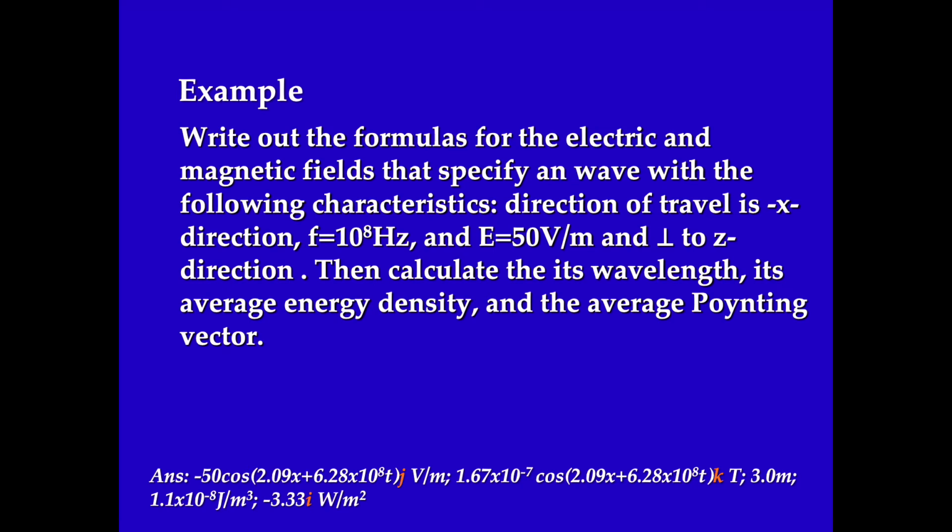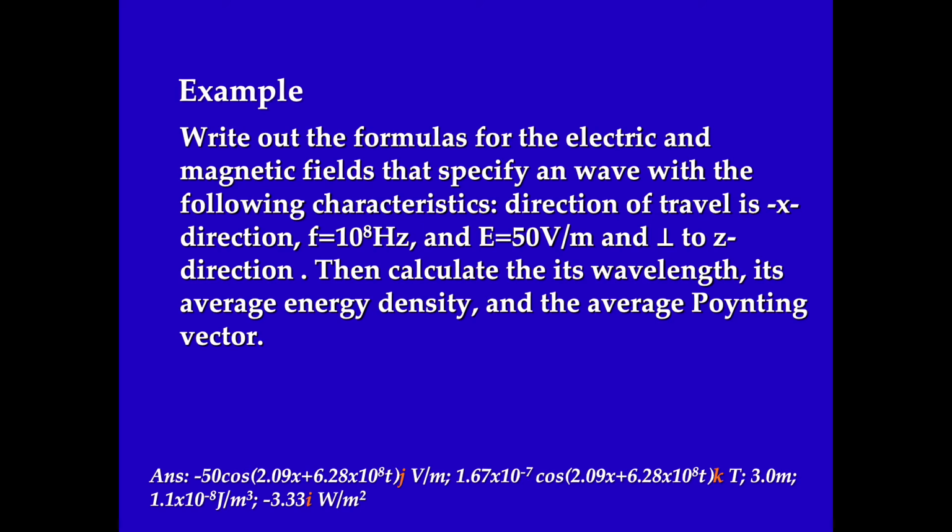So you want to write out the formula for the electromagnetic field that specifies the waves with the following characteristics. You have the direction of travel in the minus x direction. The frequency is 10 to the 8th hertz. E is 50 volts per meter. And E is perpendicular to the z direction.